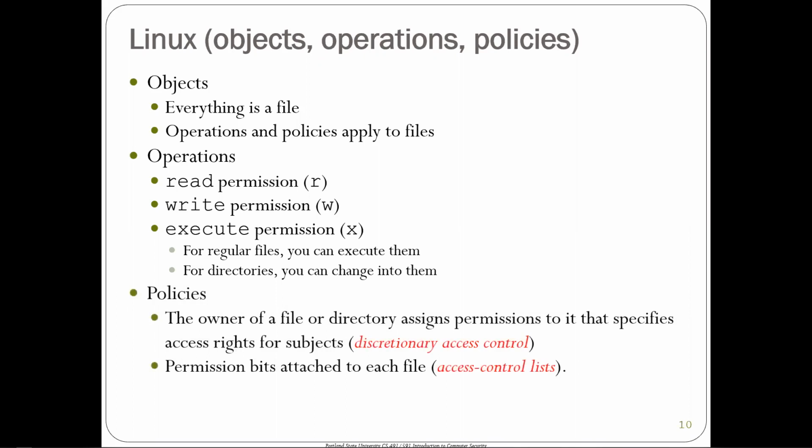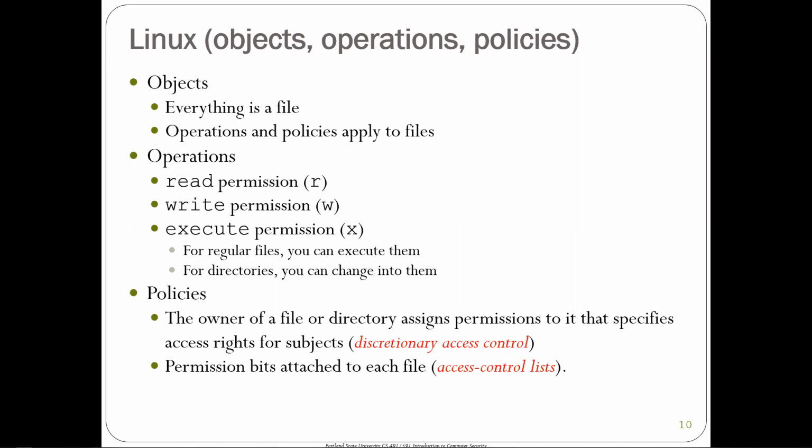The policies are set by the owner of the file. The owner is going to say, hey, these are the permissions I want to allow on the object that I just created. And this is basically what a discretionary access control model is. The owner has the discretion to set the policy on that file.